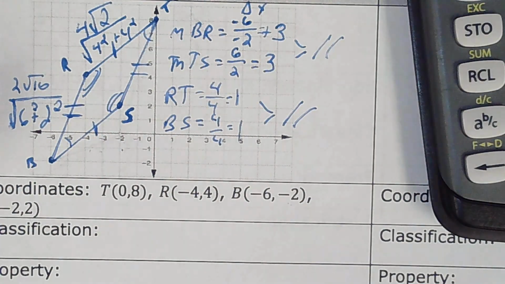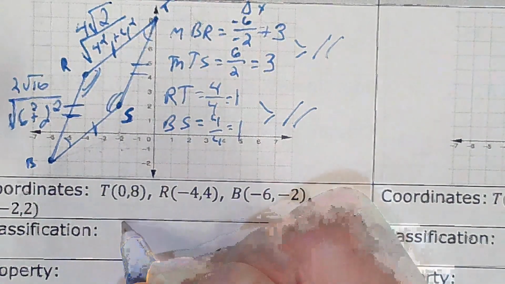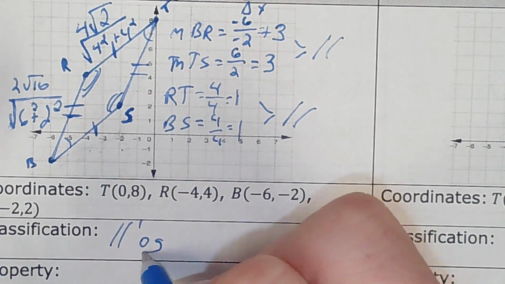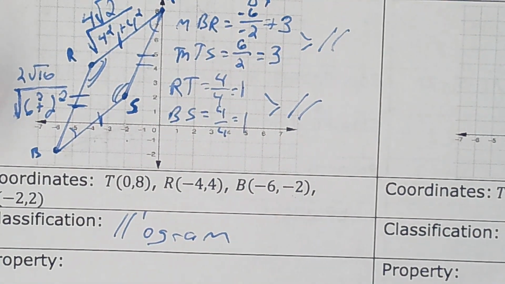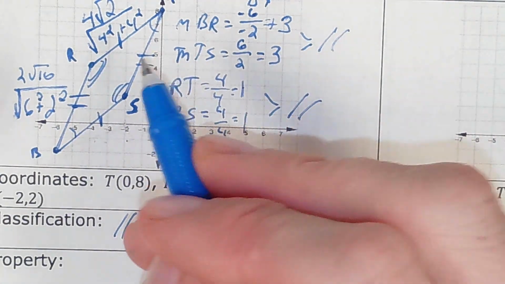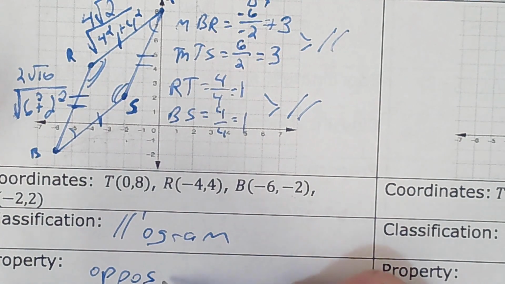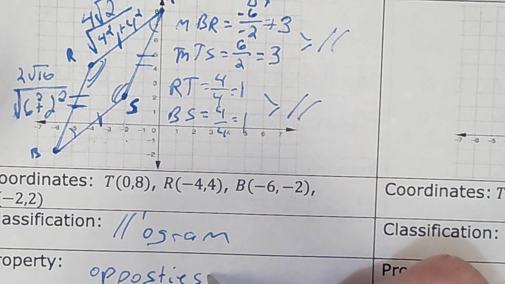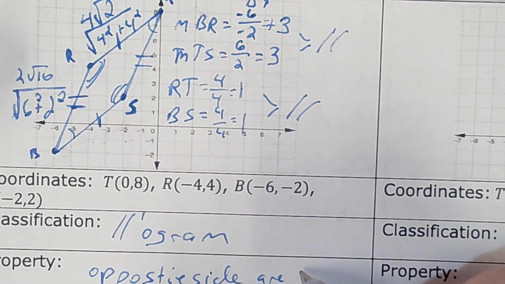All right, so yeah, they're not the same length. So not a rhombus, so this is a parallelogram, and that's it. Nothing more fancy beyond that. And I can say that because opposite sides are congruent. Well, I guess I can prove that, don't I?